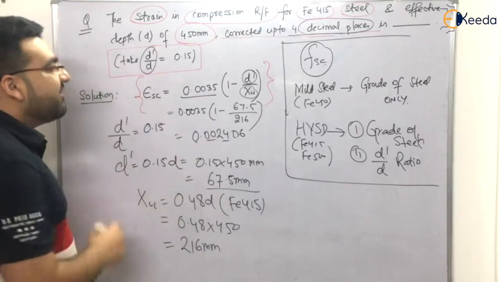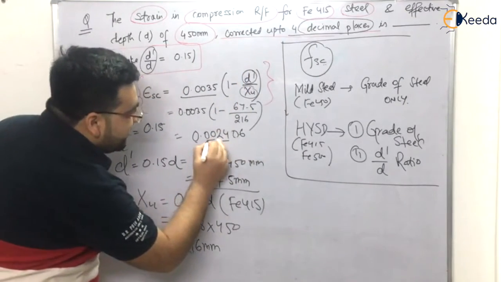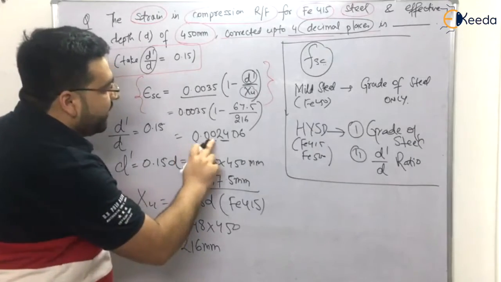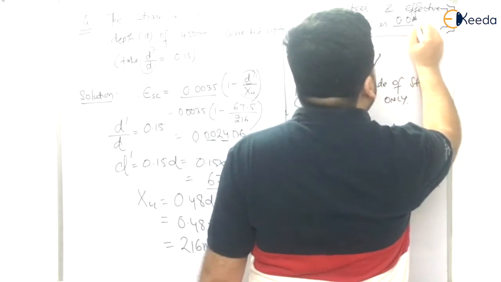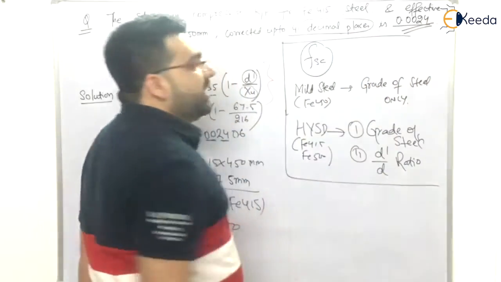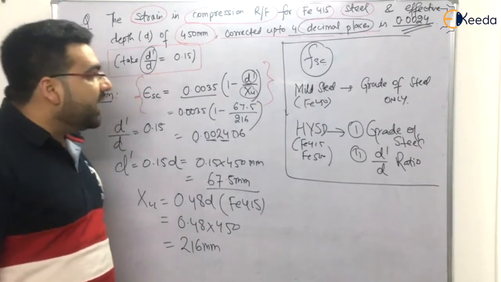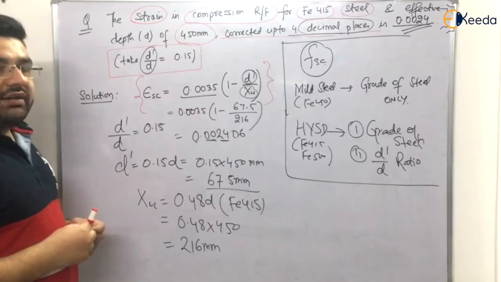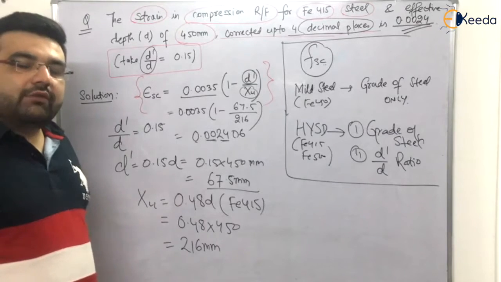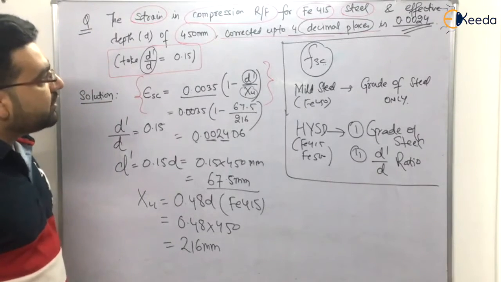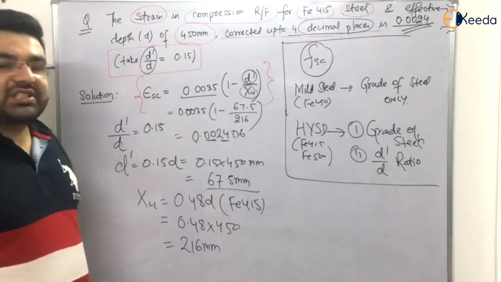I hope you have understood this. So up to 4 decimal places, 1, 2, 3, 4, the answer will be 0.0024. I hope you have understood the numerical and it will further strengthen your concepts. Now let's move to the next numerical of the same topic, doubly reinforced sections, and further strengthen our concepts. Thank you.